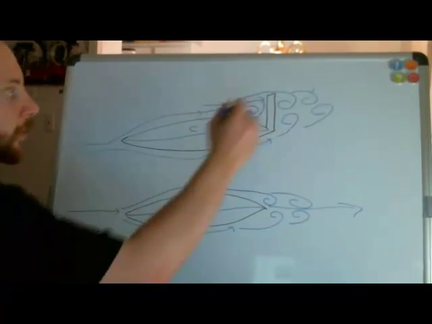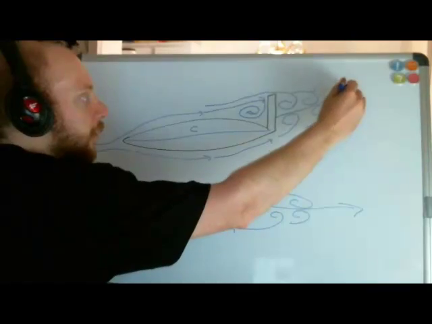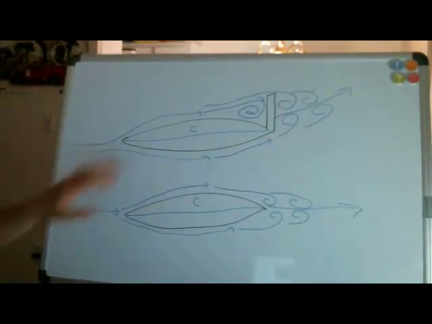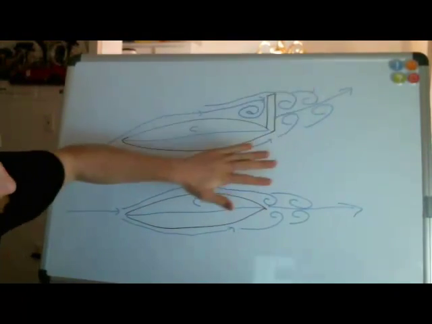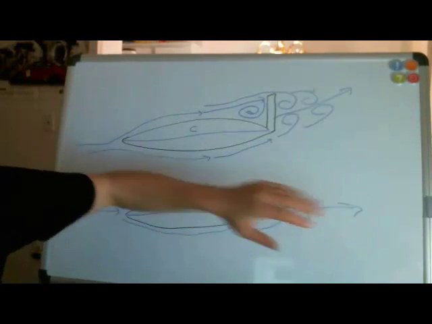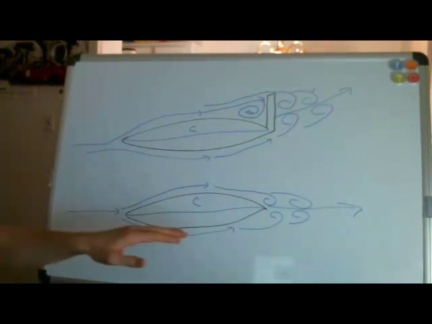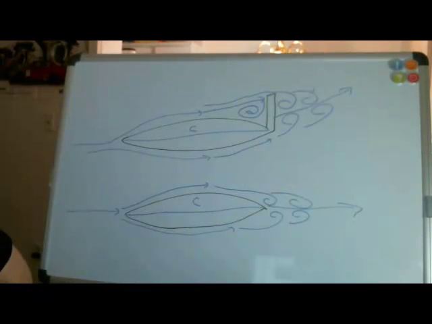But these vortices are angled differently. They're angled in that direction, so they're actually flowing up more than this one, where this one's just flowing back. So these are the two main differences for these two different wings.